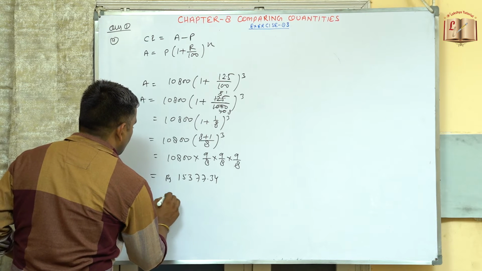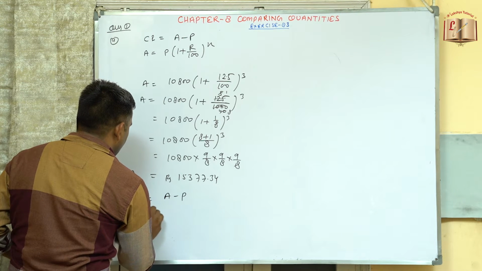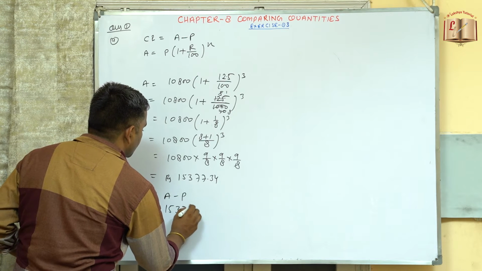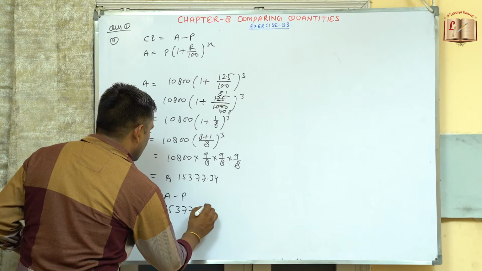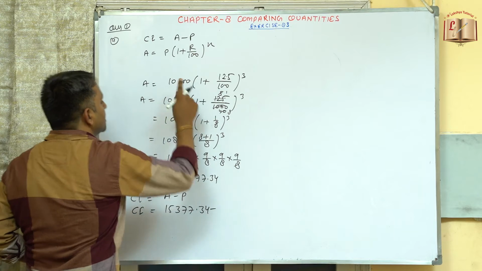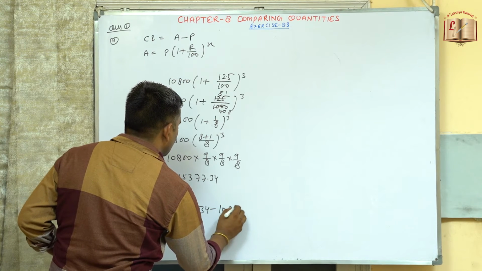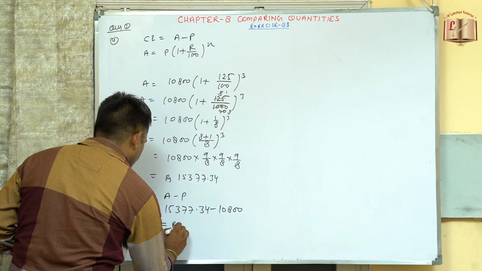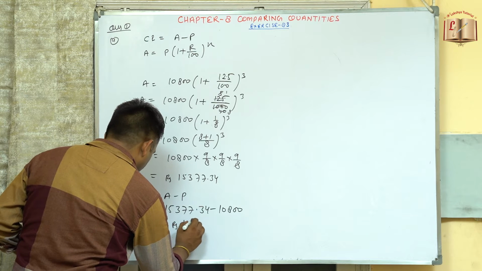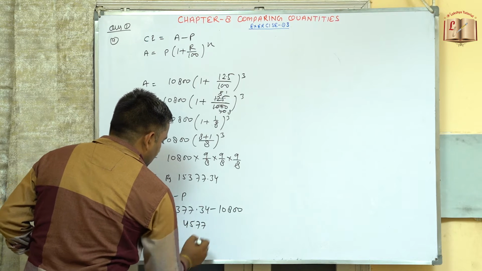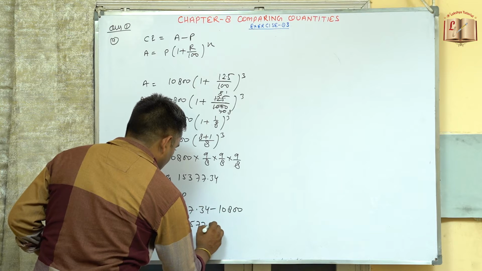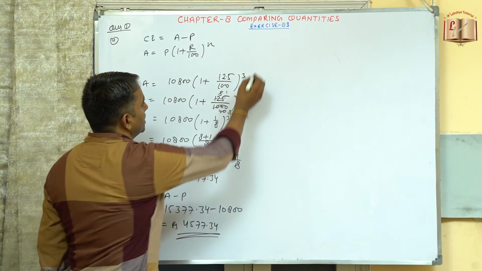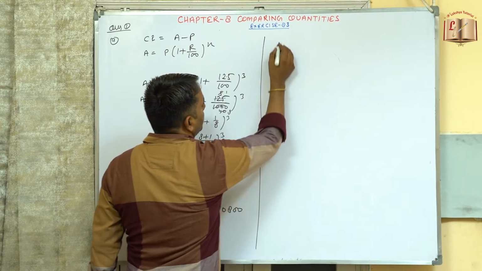CI will be equal to A minus P. So CI equals A, we already got 15,377.34, minus the principal, which is 10,800. So we got CI equal to rupees 4,577.34. So this is the CI for this. Similarly we will go for the B part of this.